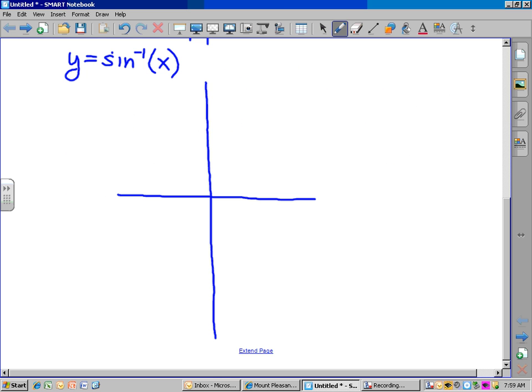Our x-axis, which was what? Radians in terms of pi, right? Pi over 4. If that's our x, now it's going to be our y. So I'm actually going to label my vertical axis in terms of pi over 4.